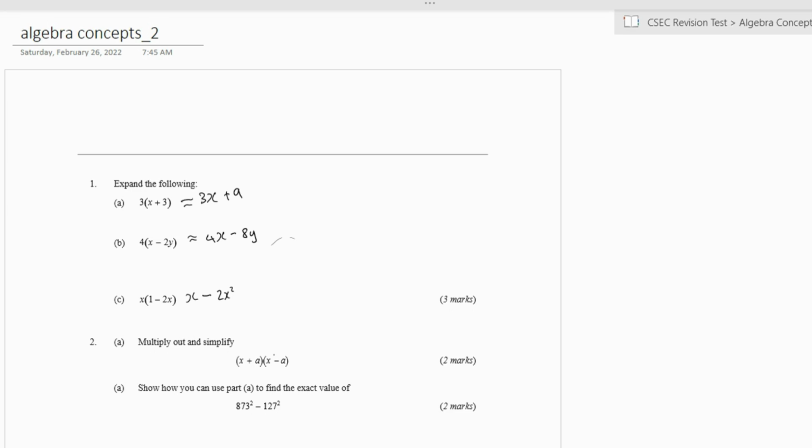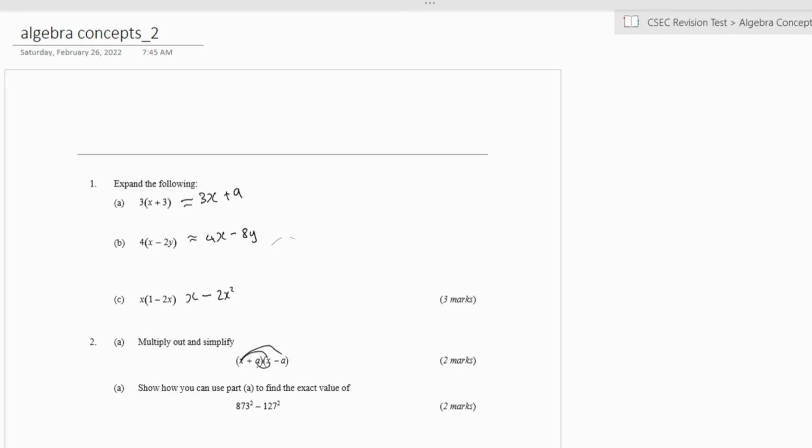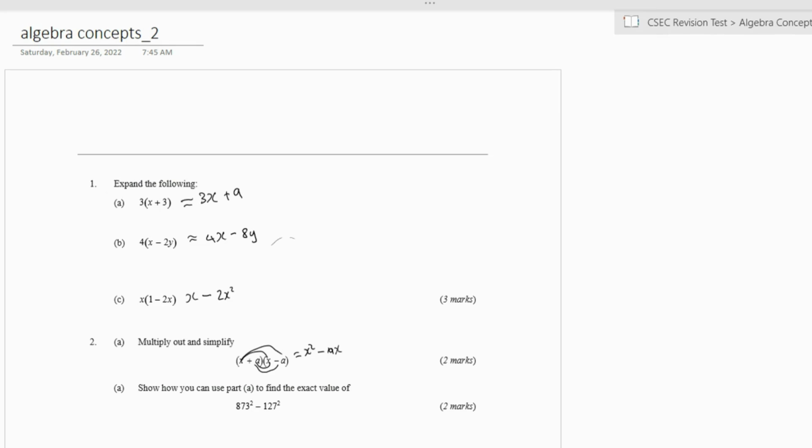This is our a being multiplied by our b minus c. We're going to have to do them individually: the x times the x, x times the negative a, then a times the x, and then a times the negative a. So x times the x gives us x squared, and the x times the negative a gives us a negative ax.